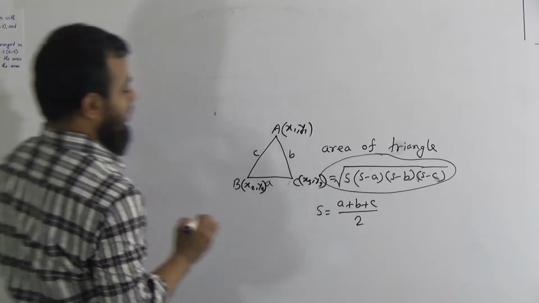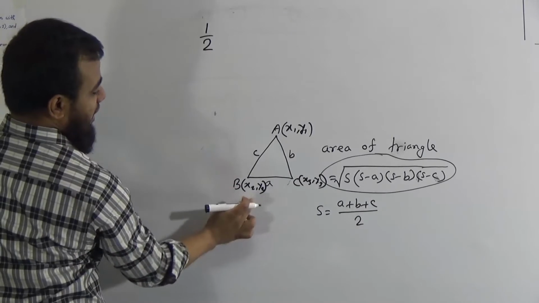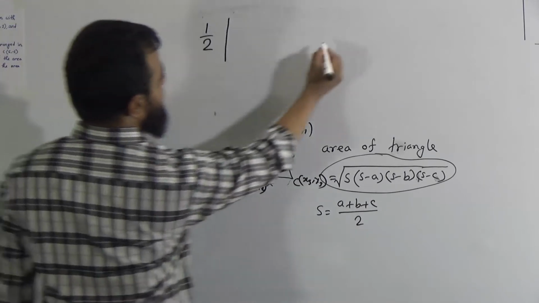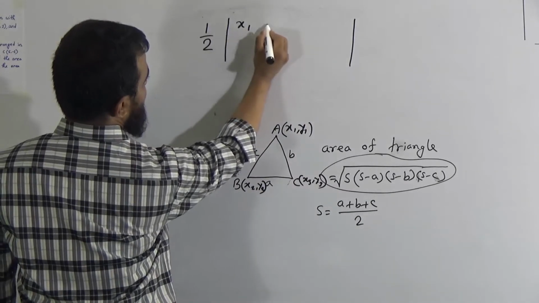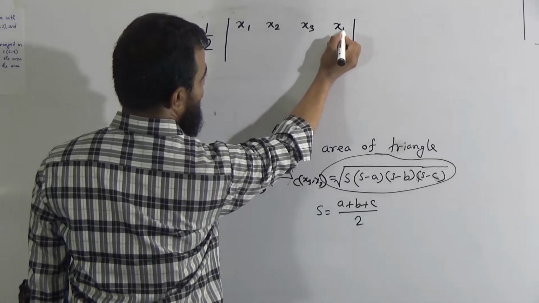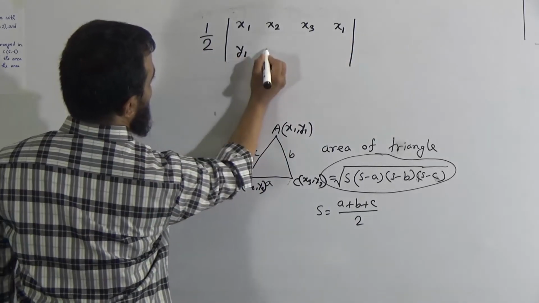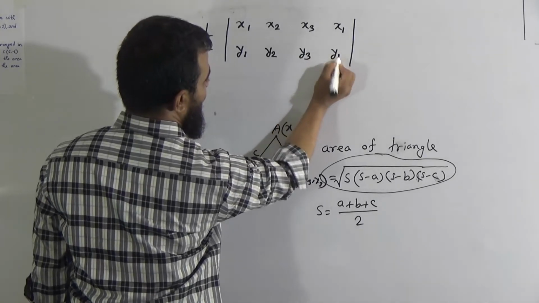These are 3 points. Then the area of this triangle will be half of the determinant of this. That means it is x1, x2, x3, again x1. It is y1, y2, y3, again y1.